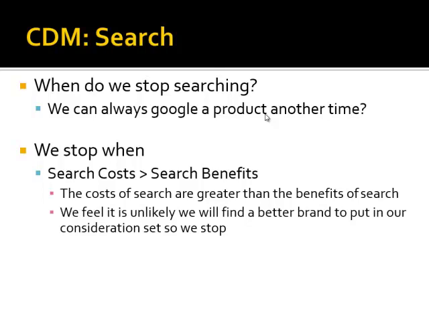If we feel that search is unlikely to generate a new or better solution, and we have some cost to it, we're going to stop our search. And given low involvement and in general consumers' lack of desire to do a lot of search many times, it doesn't take very much search costs to derail a search.